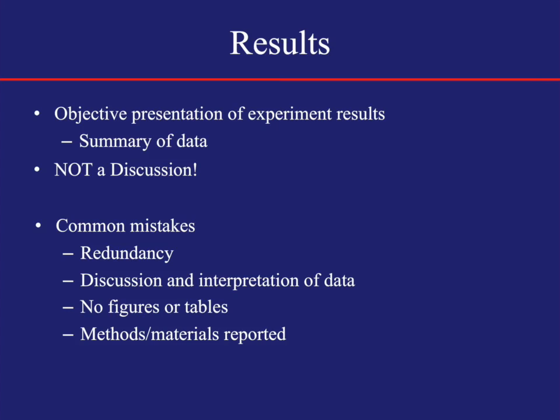The results should be objective, just a summary of data without any discussion. I mean, you can clearly see that there is a difference between when a paper is written by somebody who does medical and clinical research, or somebody who's always been doing basic research.